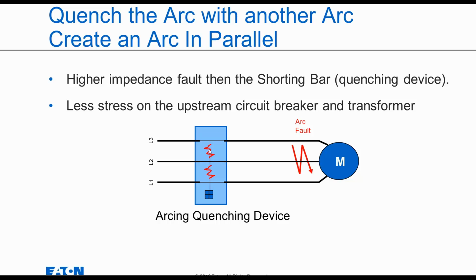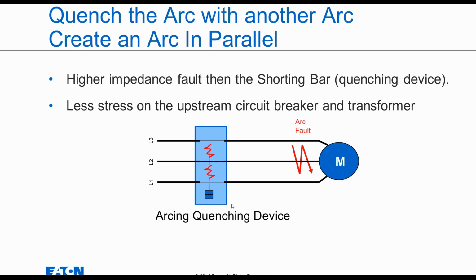Because you've created this arc, there's more impedance in this arc than in a shorting bar. And because of that, you're putting less stress and strain on the upstream devices, the transformer or the circuit breaker that will eventually clear this arc.